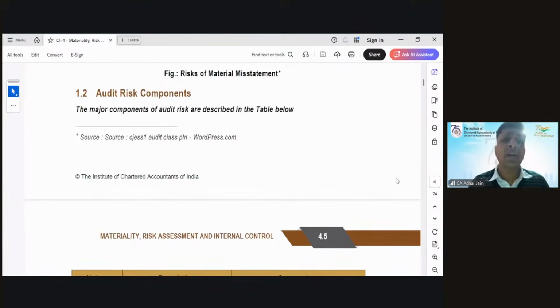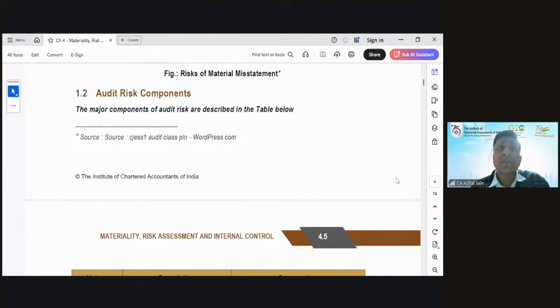So we are not talking about the management risks right now. What do you mean by management risk? Let's also try to understand that. During the course of the audit, what will the auditor do? The auditor will look at various transactions, look at various agreements. There are various events which would have taken place. All of these things he'll be looking at. Correct.